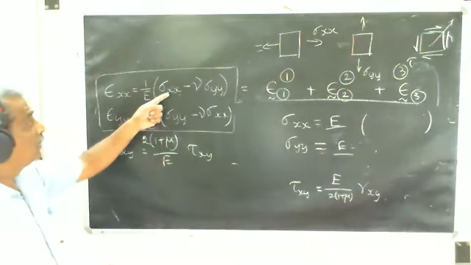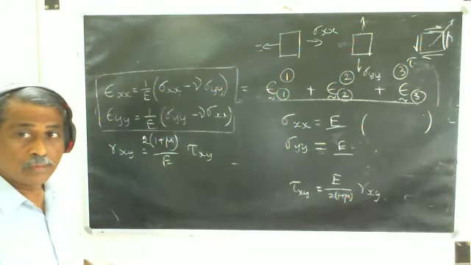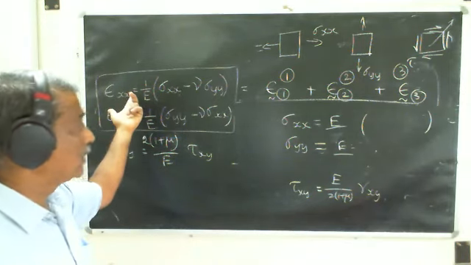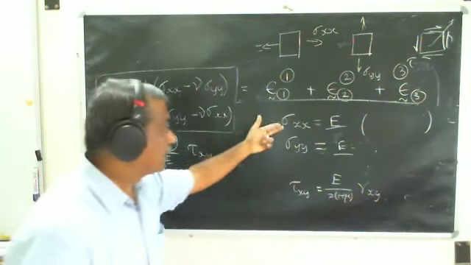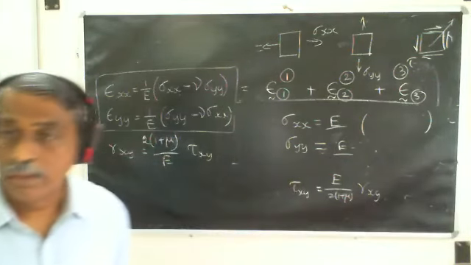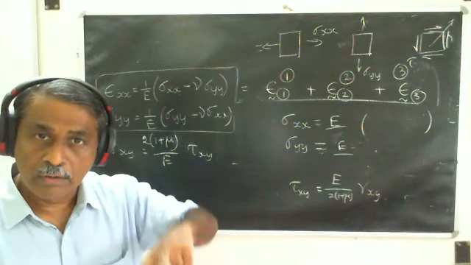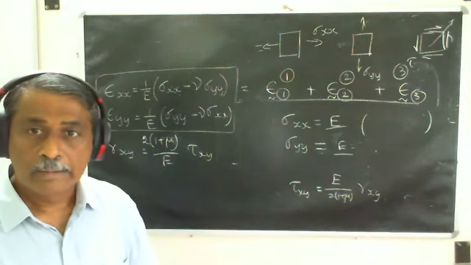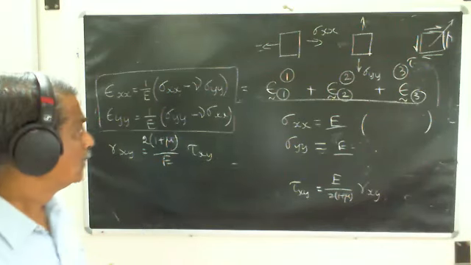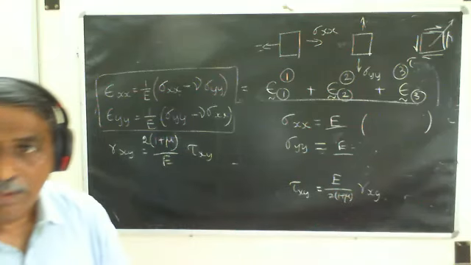Remember, I need to now eliminate in such a way that I get sigma xx in terms of these two. Is it not? I want to write the reverse relationship. Sigma xx in terms of epsilon xx and epsilon yy. Sigma yy in terms of epsilon xx and epsilon yy. Of course, they will also turn out to be symmetric. That's pretty simple, no? I just have to multiply throughout by nu, right?